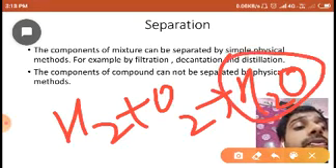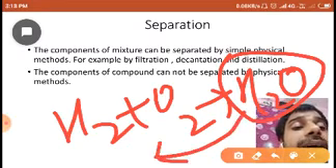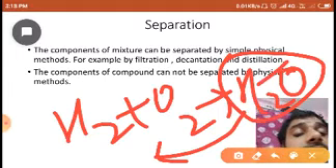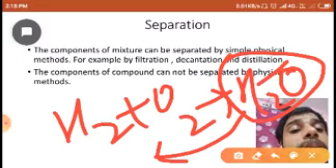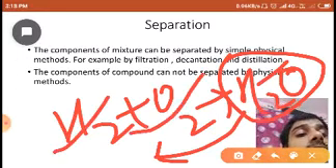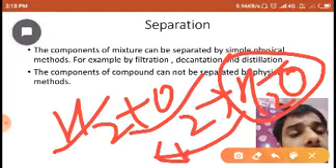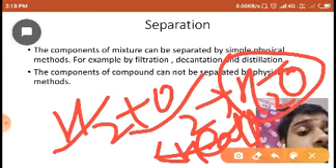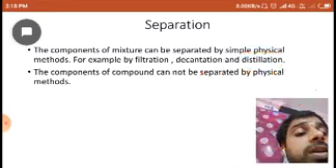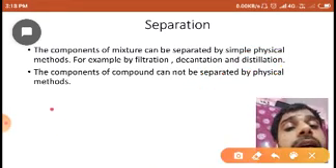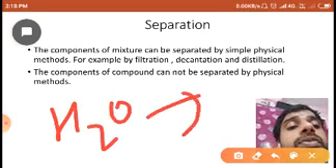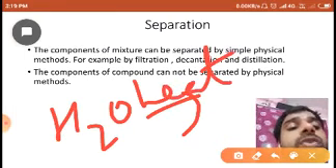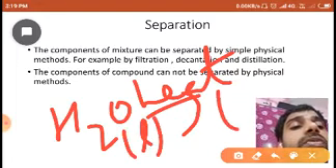Now you can see here H2O, water. From water, by a physical method, we cannot break it down into hydrogen and oxygen. A physical method is applying heat and light, whatever. If you give heat to H2O, which you know is a liquid, what will it change into?